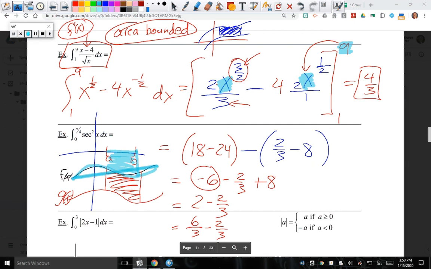So this right here will always be a positive interpretation. With area bounded, there'll be two functions. And I know some of you are saying, well, there's two functions already, the x-axis is y equals 0. Yes, but no. Okay? All right.